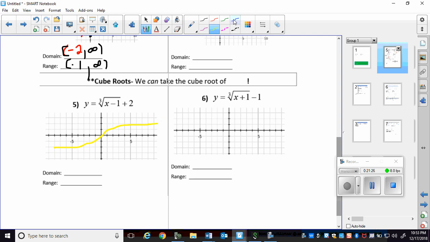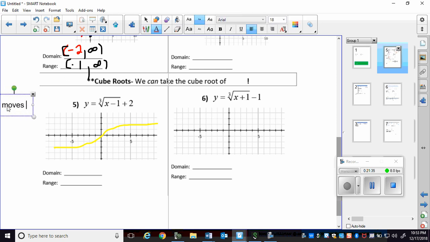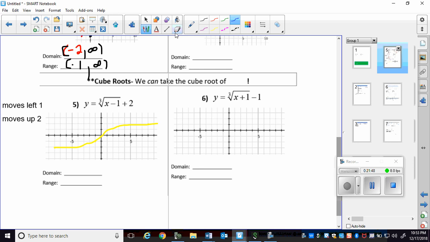All right. Now I want to do this function where it moves left 1, excuse me. So I'm going to write out the transformations. It makes it easier. Each point moves left 1 unit, and then moves up 2 units. So at 0, 0, I move left 1, up 2, and here's my new critical point.